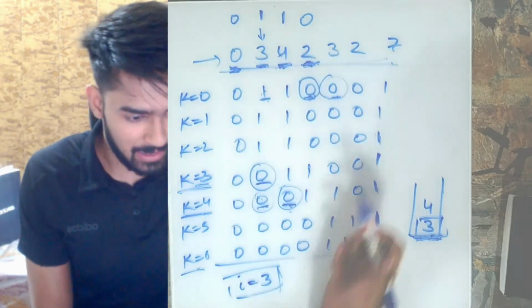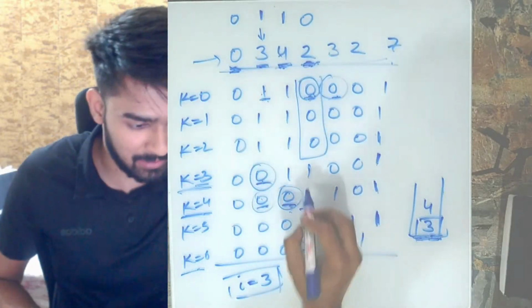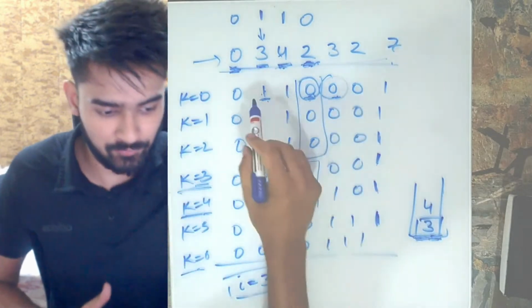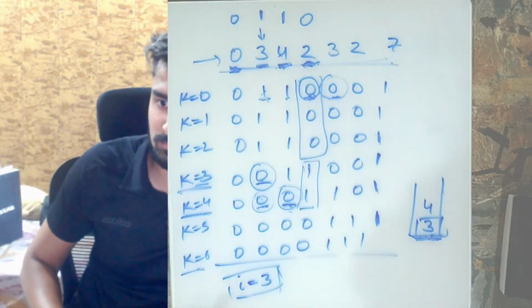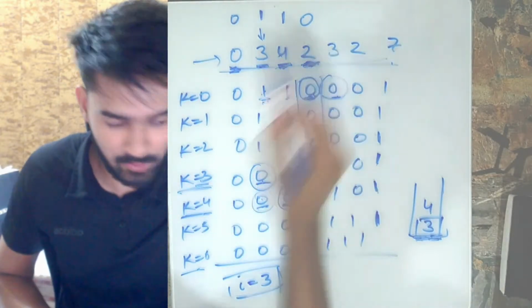I know that first I had some zeros. Now, how many ones will I have? The number of ones I will have will be equivalent to the number of ones I had before, which is this a of i only.